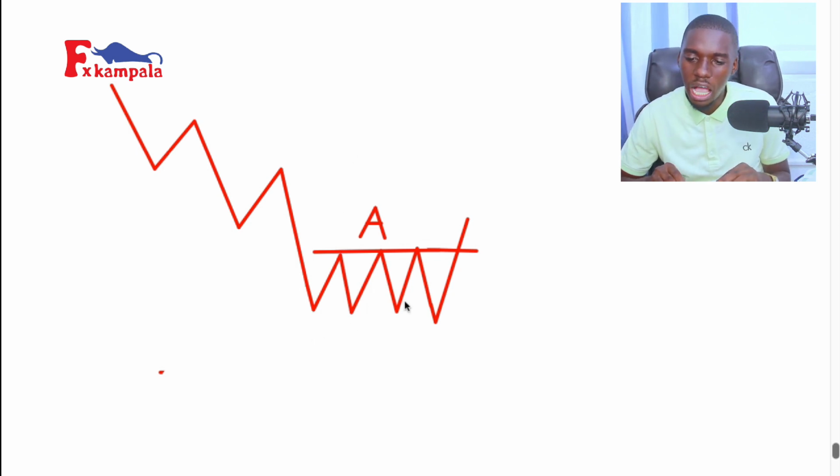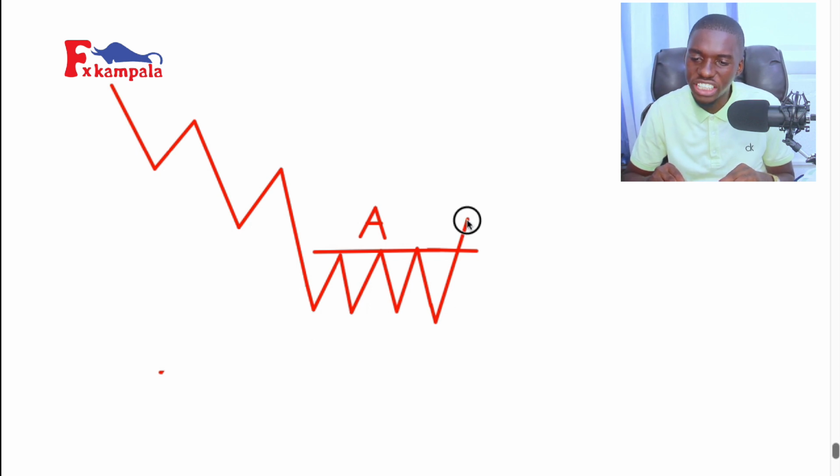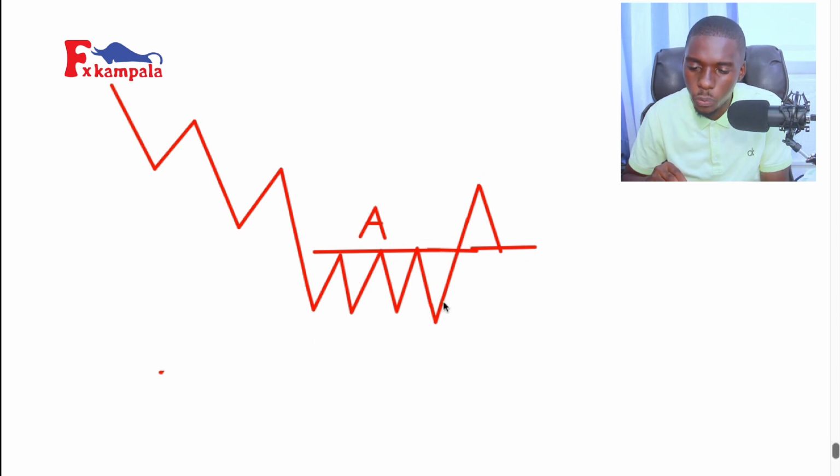Then when this swipe moves and breaks this liquidity that we see, eventually it comes down. This move that we have here is what we refer to as manipulation, this entire move, this formation of the liquidity swipe.